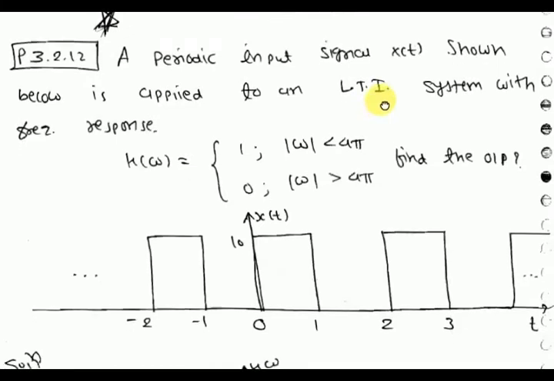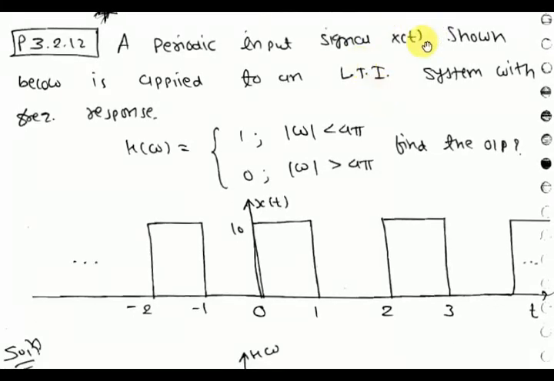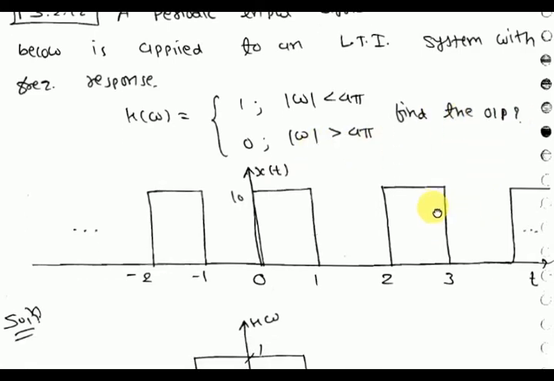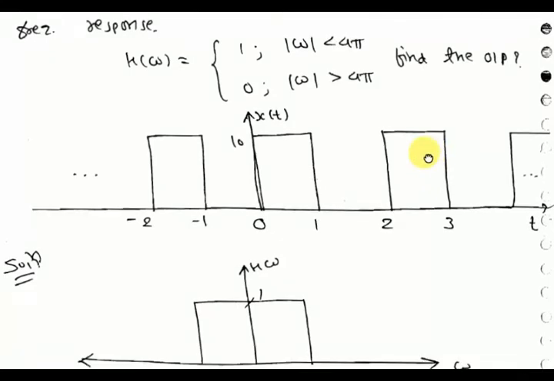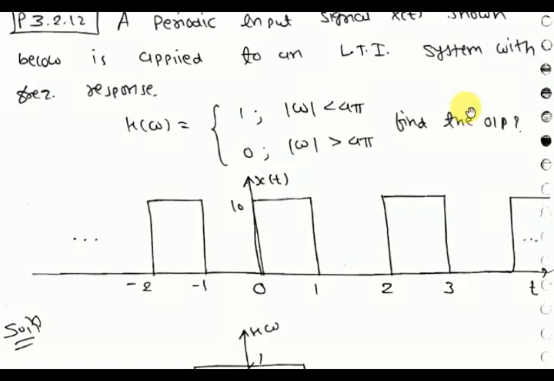The next problem: a periodic input signal x of t shown below is applied to an LTI system with frequency response H of omega equal to 1 for mod omega less than 4 pi and 0 elsewhere. Find the output. This is a periodic signal. You should identify why we don't apply the Fourier transform here, and why we apply Fourier series.